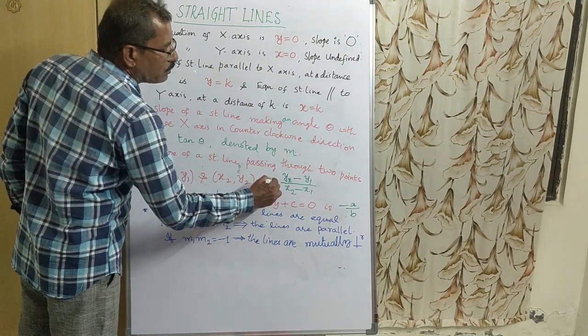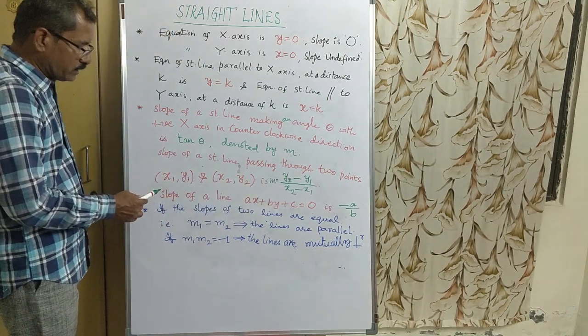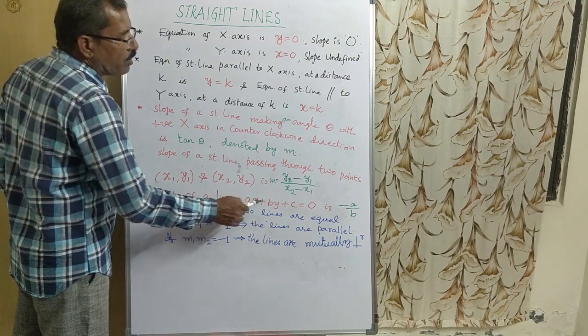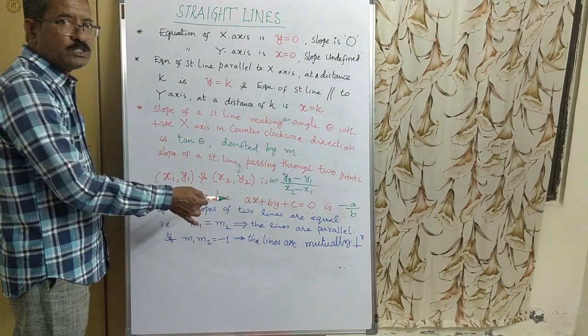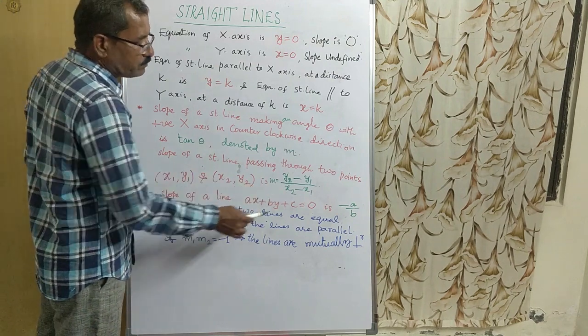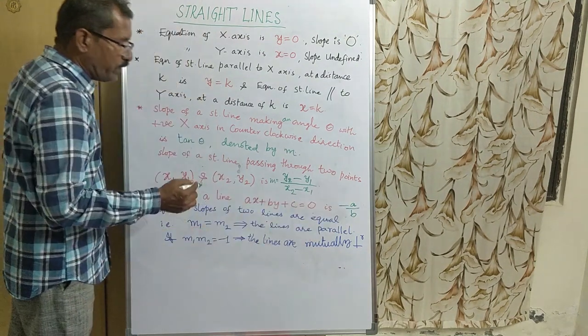The slope of a line in the general form ax plus by plus c is equal to 0, which you also know from lower classes, is minus a by b, that means the negative of the x coefficient by the y coefficient.